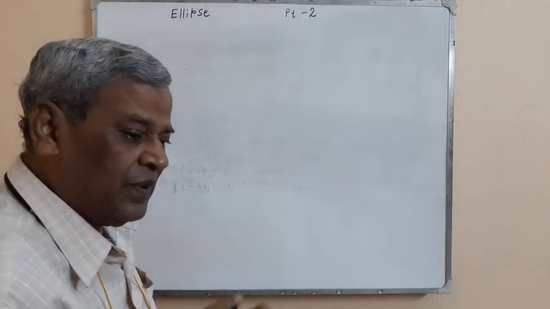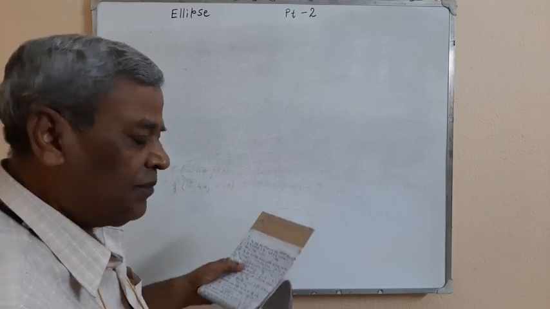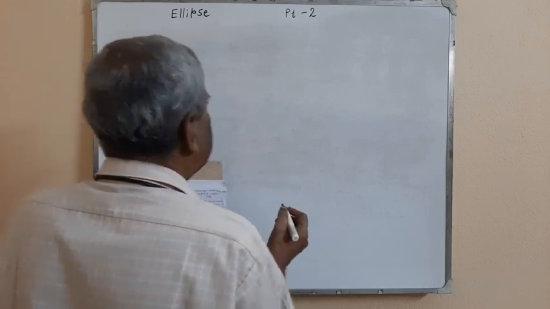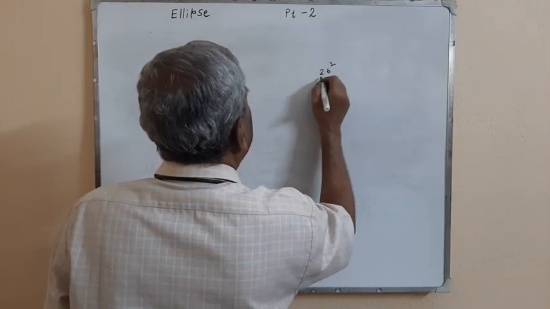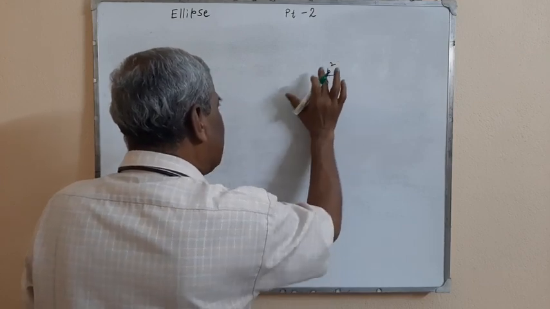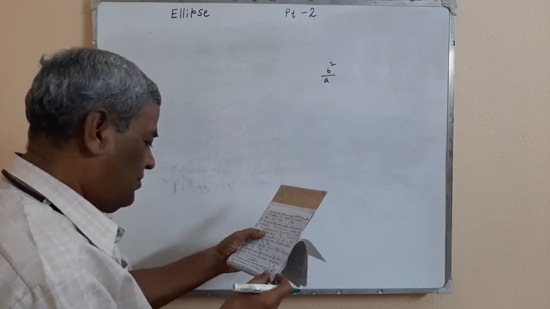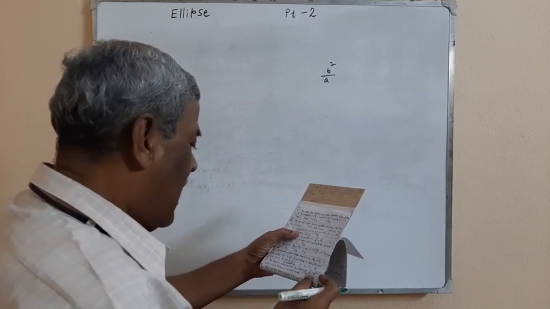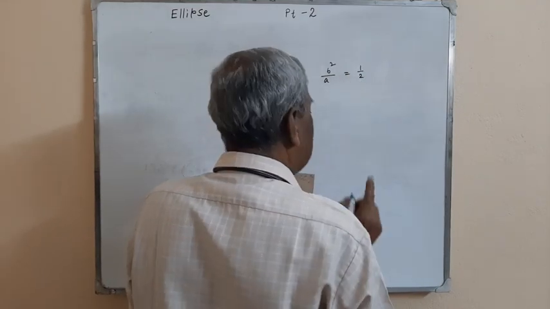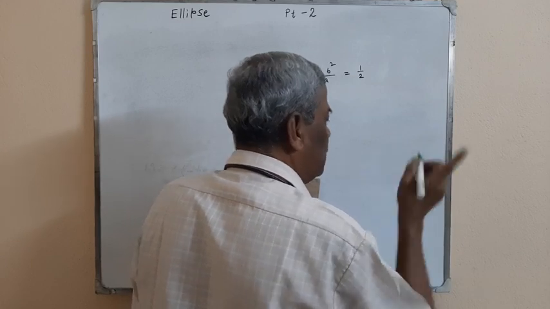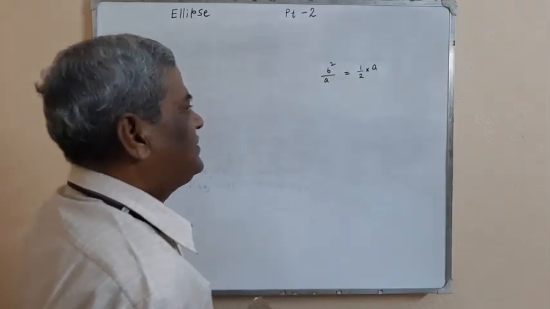The equation of the ellipse is not given, but given that for an ellipse, the length of latus rectum is 2b square by a. So semi-latus rectum is b square by a. It is given as half of its semi-major axis. Major axis is 2a, semi-major axis is a.